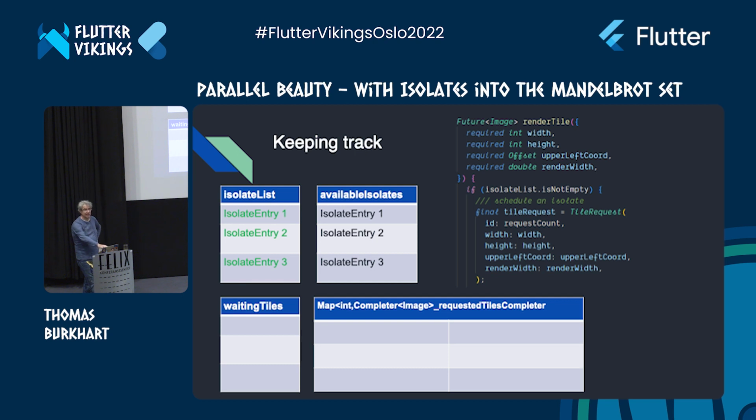This is just an ID that I increment with each request, and the width, the height, and upper left coordinate. That's the coordinate in the mathematical space of the Mandelbrot set, and not on the screen space.